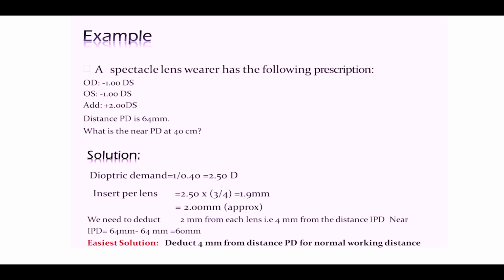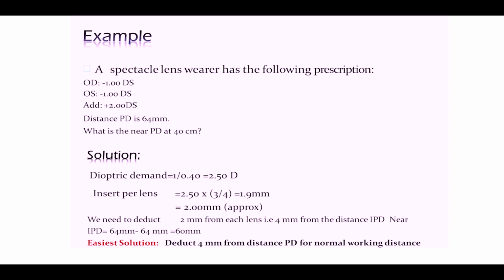Convert this 40 centimeters into meters, which becomes 0.4. 1 by 0.4 gives you 2.5. Add D next to it to indicate that it's a power. So 1 by working distance is equal to 2.5 diopter, which is the dioptric demand.